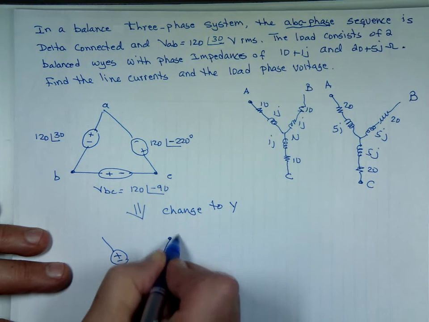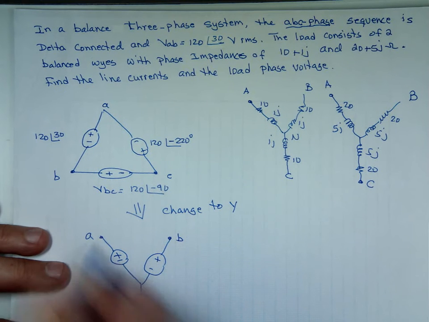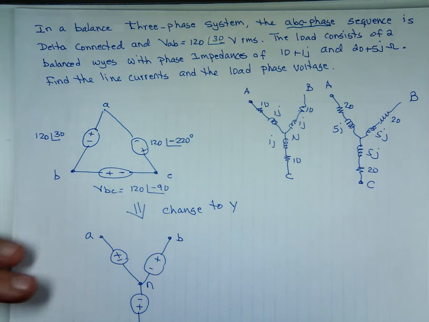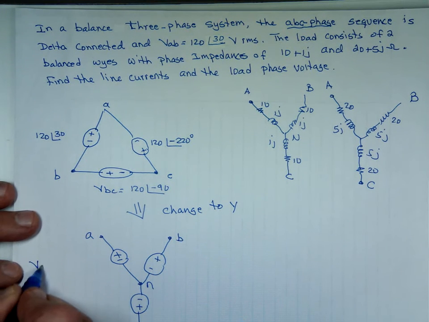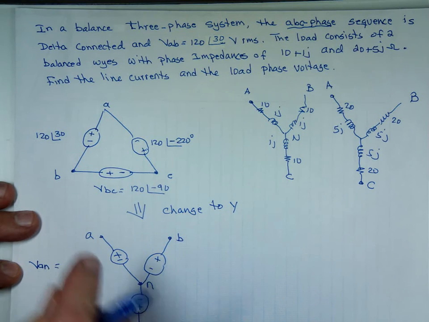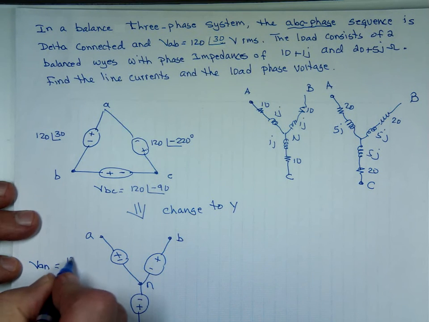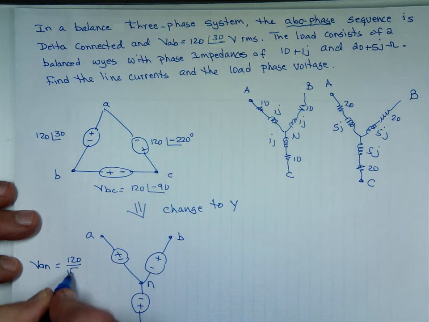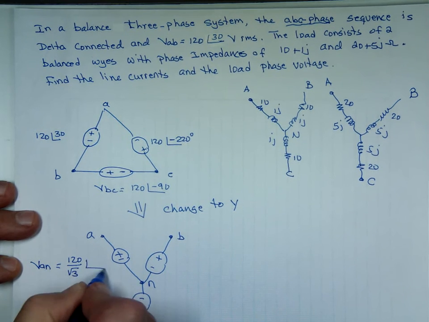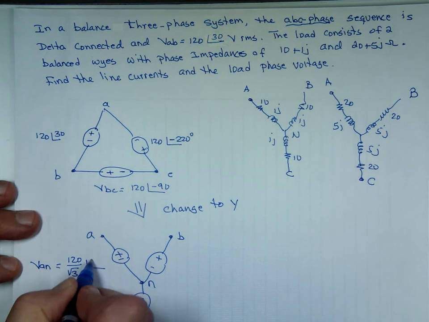C, B, A, and this is N. And VAN, you're always going to take VAB, because you were given VAB right there. You divide it by the square root of 3, always, and you subtract 30 degrees from it. 30 minus 30.